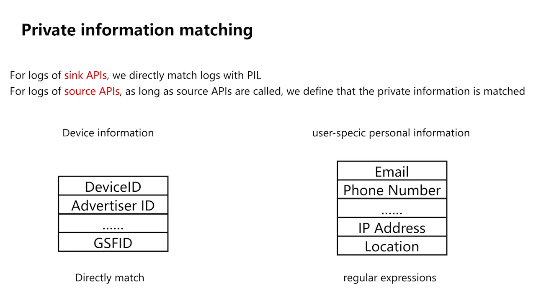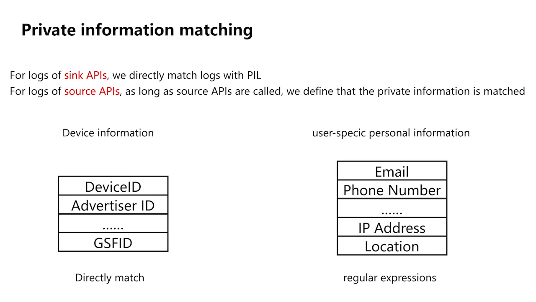Next, in this section, we match the processed information list with logs. For the logs of sink API, we just match logs with TPL directly. For the logs of source APIs, as long as the source APIs are called, we define that the private information is matched, but with low risk.